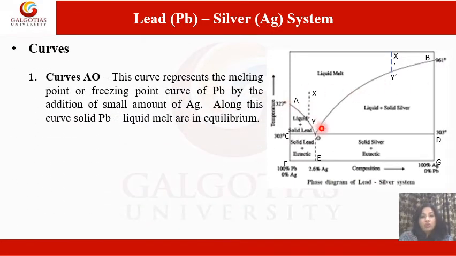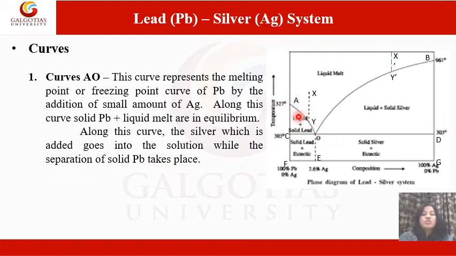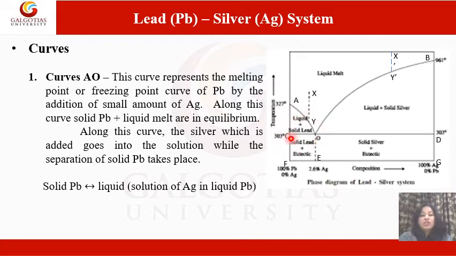Curve AO. This curve represents the melting point or freezing point curve of lead by the small addition of silver. Along this curve, solid lead plus liquid metals are in equilibrium. Along this curve, the silver which is added goes into the solution while the separation of the solid lead takes place. So, the solid lead and liquid, that is the solution of Ag in liquid Pb, are in equilibrium.